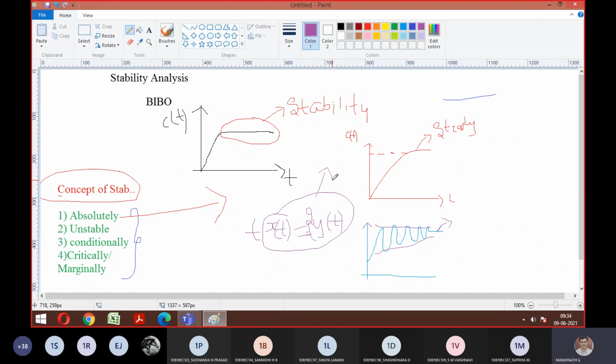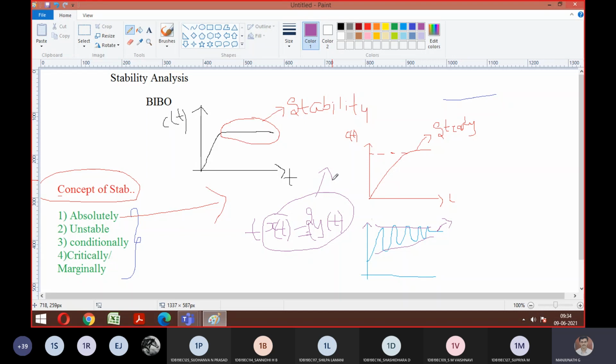Is it okay, guys, what I told? Yes, sir. So condition number one, that is your BIBO. Condition number two, in the absence of input, just make a note, output must tend to 0.